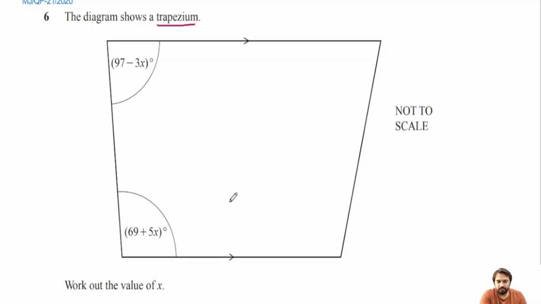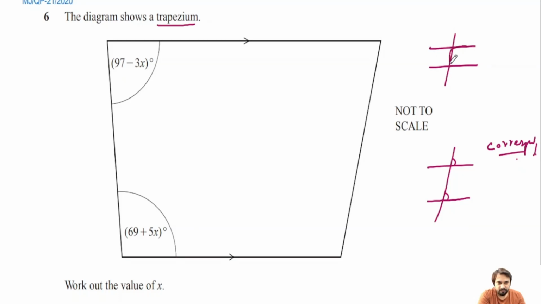And how can we calculate the value of x? I have just told you, if we have the F-shape angle, something like this, then they would be corresponding angles. And if we have C-shape angle, this is our C-shape angle, 2 parallel lines and the C-shape angle, and if this is x and this is y, they add up to give 180 degree.